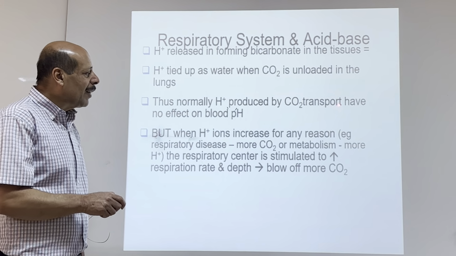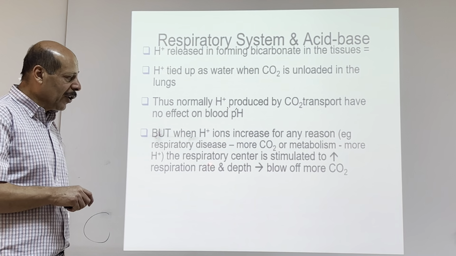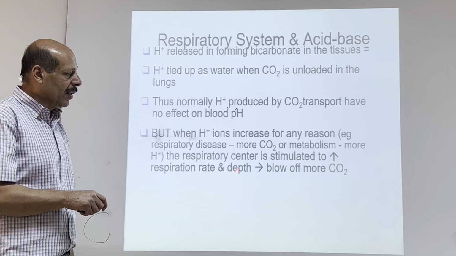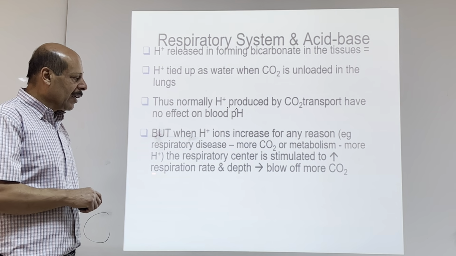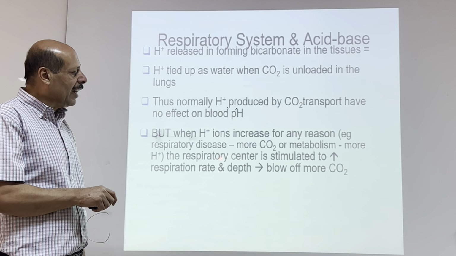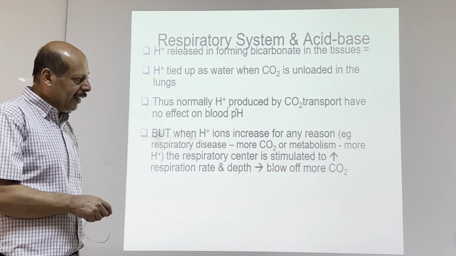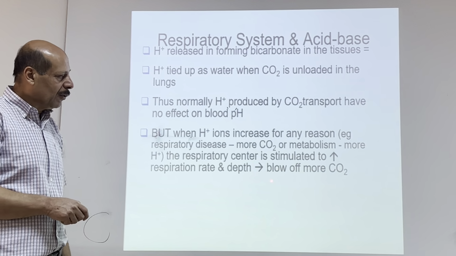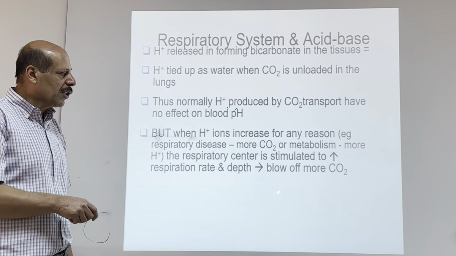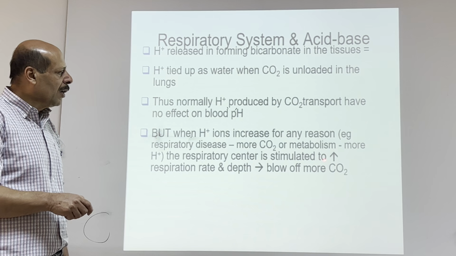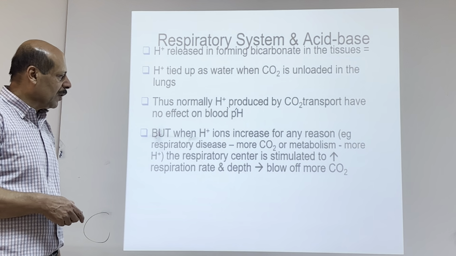So it will increase respiratory rate and depth in order to blow more carbon dioxide outside of our body, to get rid of the carbon dioxide which is present in our blood, which causes acidosis.